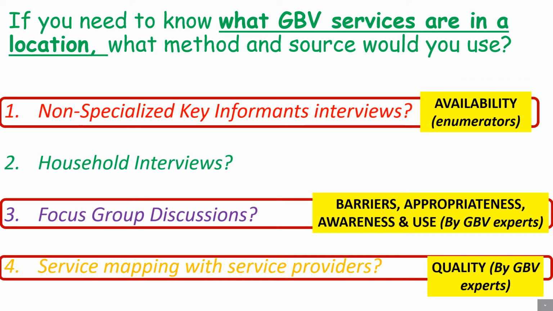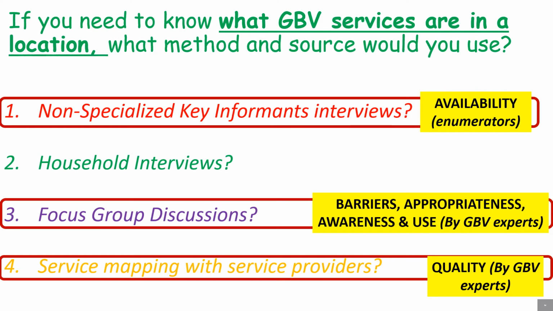We need to differentiate when you're looking at availability of services and information on services. You need to also distinguish between availability, access, quality, appropriateness, use, and awareness. Key informant interviews through enumerators will give you information about availability, which means whether the service is present or not.